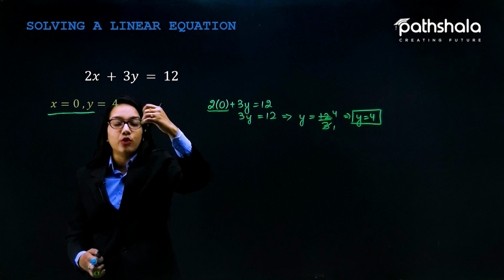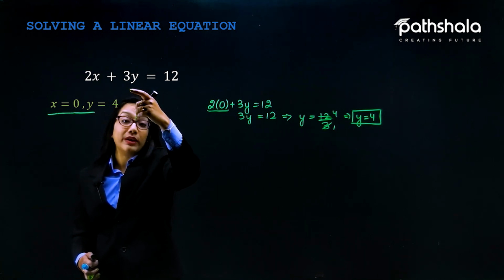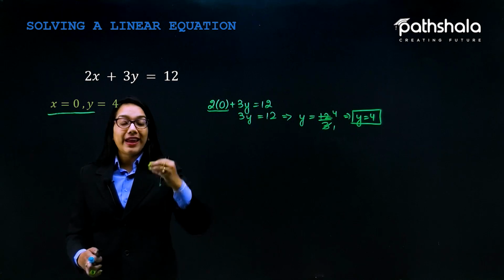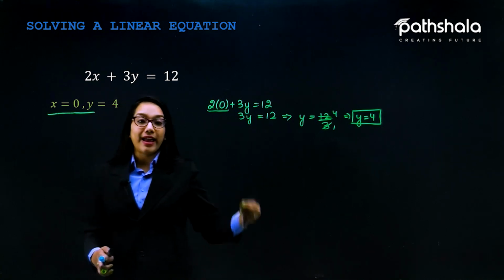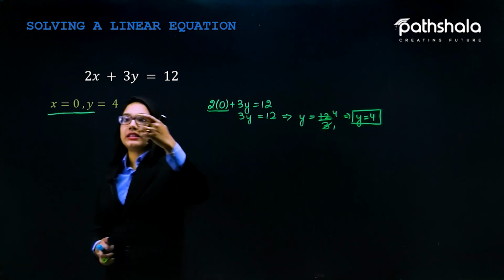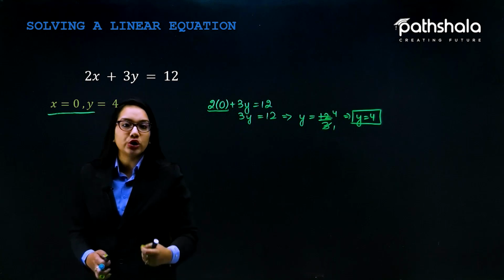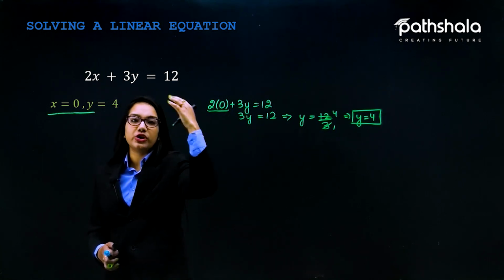You will definitely get the answer as 12. So whenever for any values of x and y we get LHS is equal to RHS, then those points are called the solution of this linear equation in two variables.